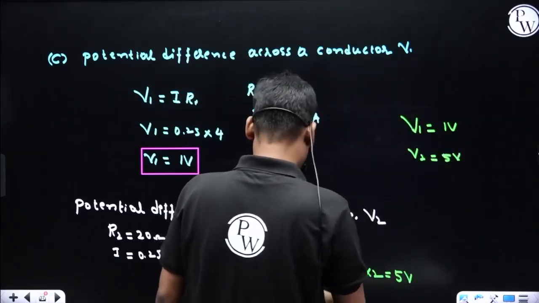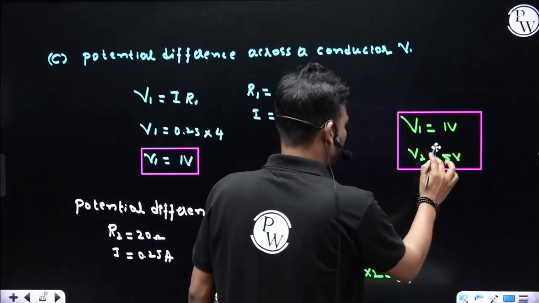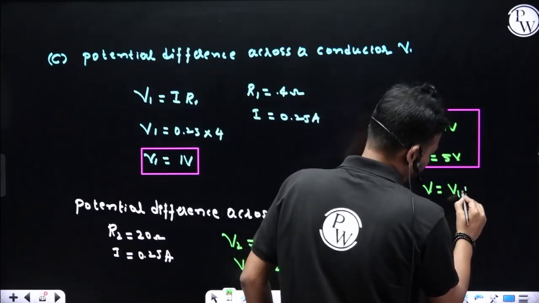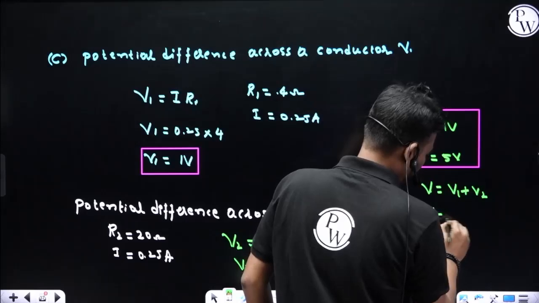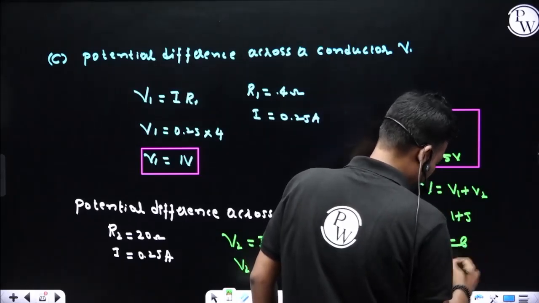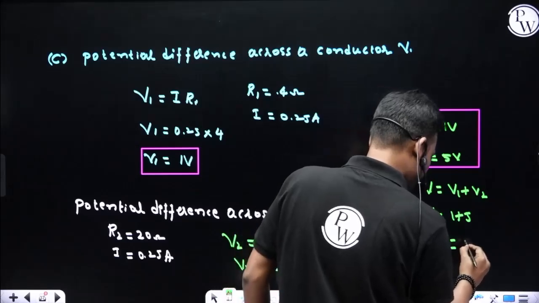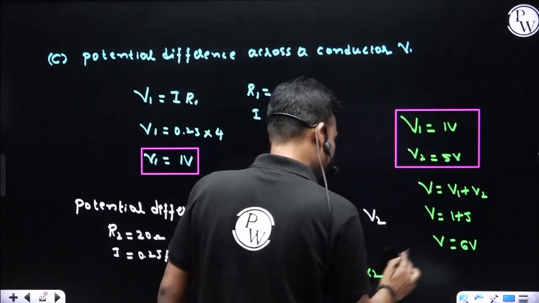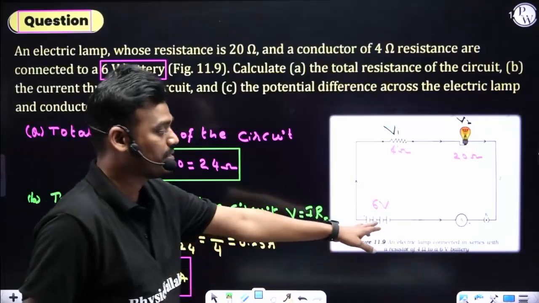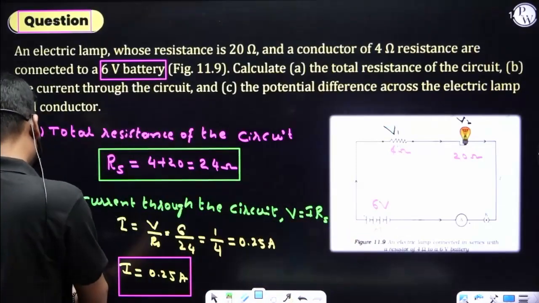If we add these two, what should the value be? The source voltage. To cross check, V1 plus V2, 1 plus 5, V equals 6 volt. The source voltage is 6 volt. We got the right answer.